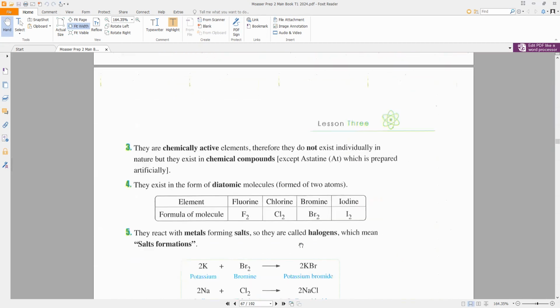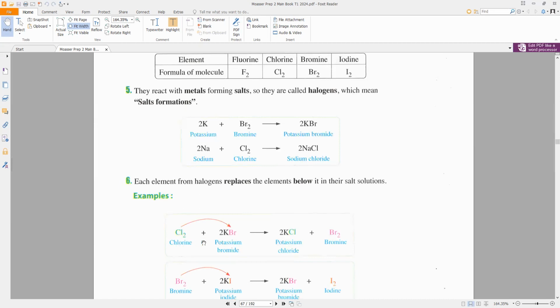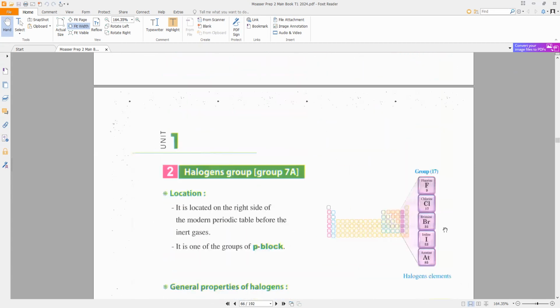So when any halogen reacts with a salt that has another halogen less active than it, it replaces that halogen and takes its place. Chlorine is more active than bromine.